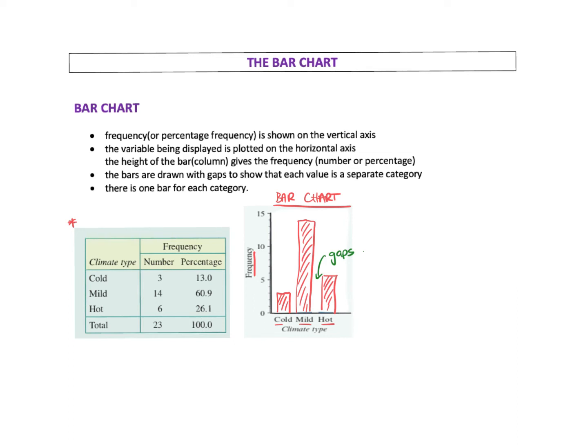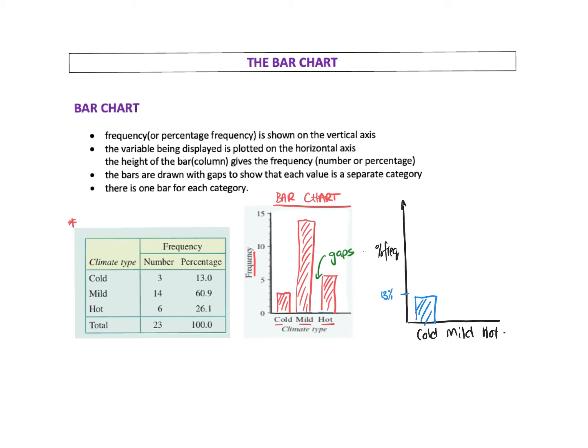Now we can also have a percentage frequency. If we had a percentage frequency graph, it will say percentage frequency along here, and you'll still have the cold, mild, and hot. The bar would still be the same height, but the axis would indicate, as it says there, 13%.